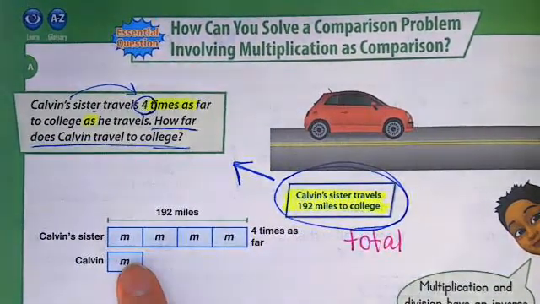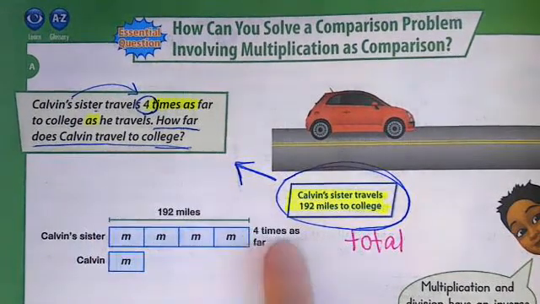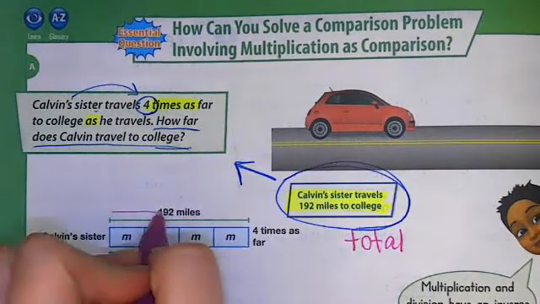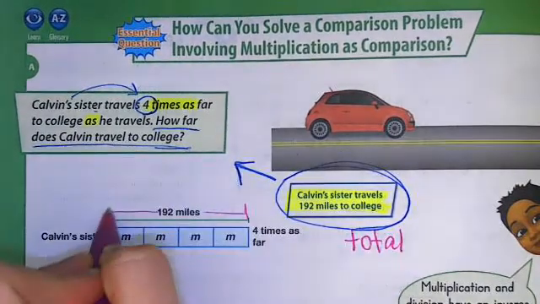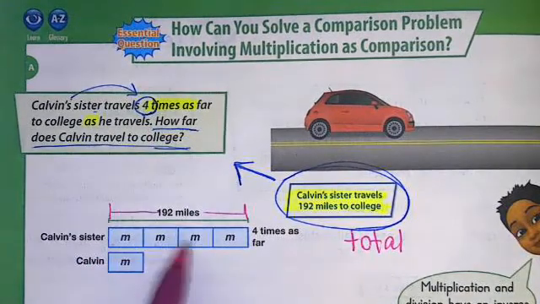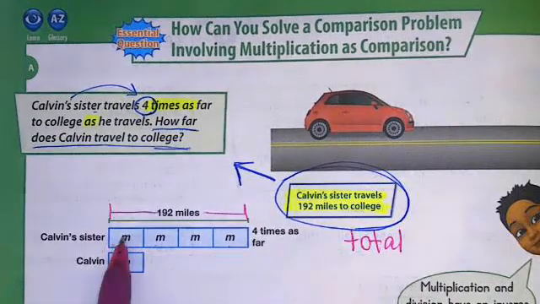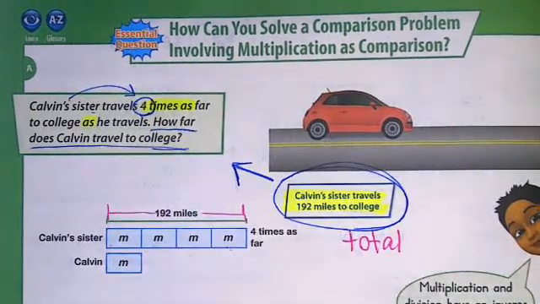When we're looking at our bar diagram, you can see that the entire bar is taking up 192. That's the total amount, not getting any bigger. But we see the word 4 times. So we're going to see 1, 2, 3, 4. And we're going to figure out how much each grouping is in there.